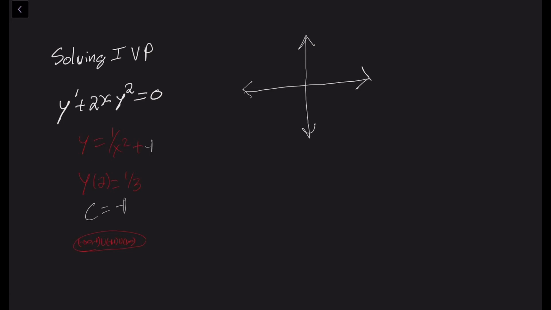So when we're graphing it, we're going to be graphing for this domain right here. And to do that, we know that we need -1, 1. And so we're going to be graphing this.